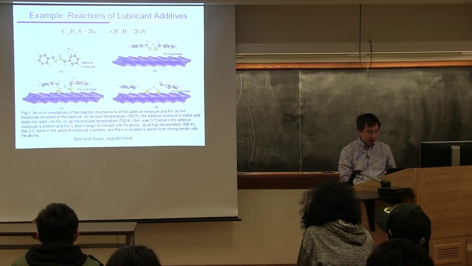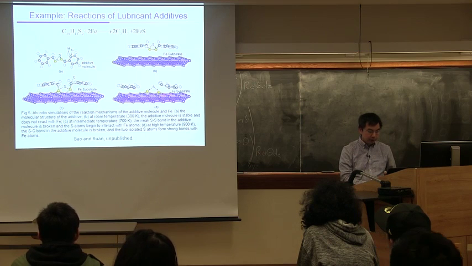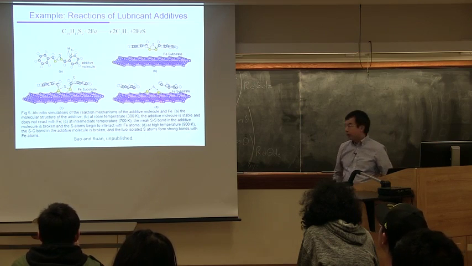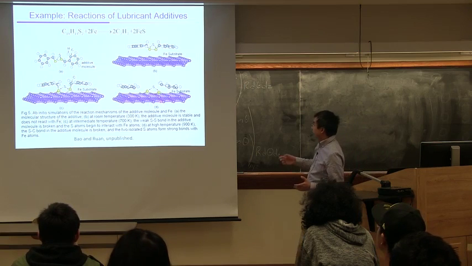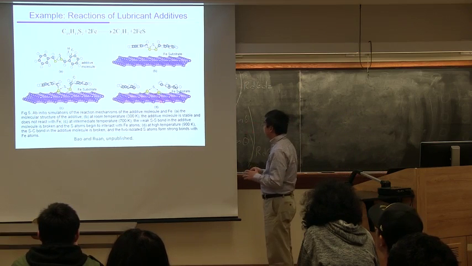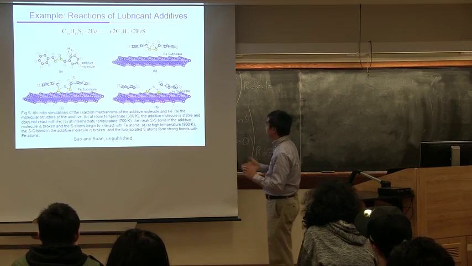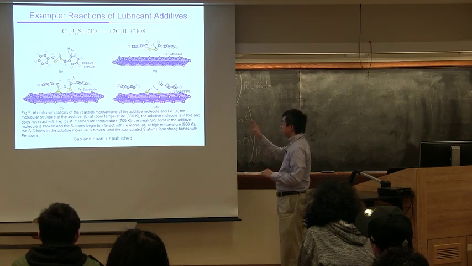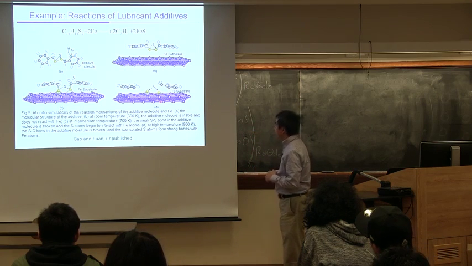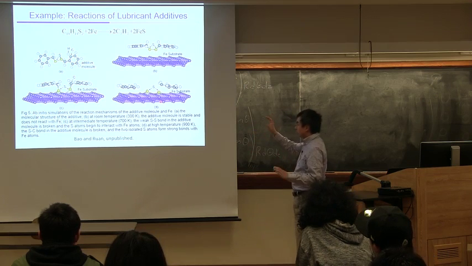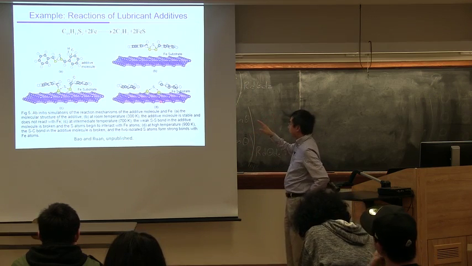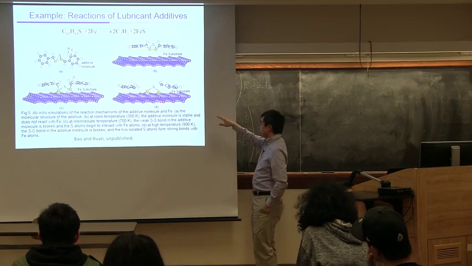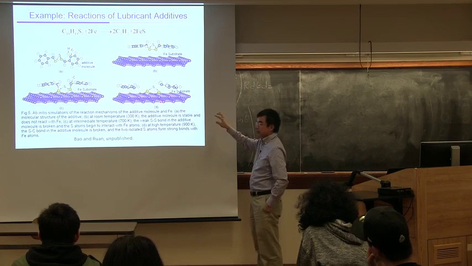But when you further increase the temperature to 900 Kelvin, which is case D, you see that the sulfur breaks bonds with other parts of the molecule, and forms bonds with the iron surface. So the molecule is sacrificed, but we form sulfur on the surface, and this bond is very strong.